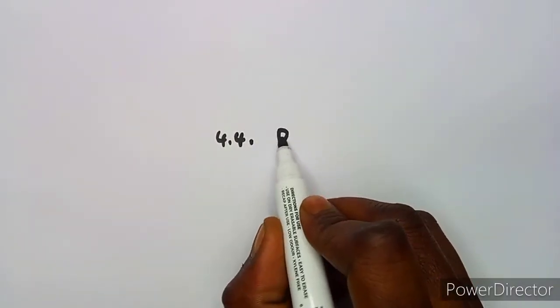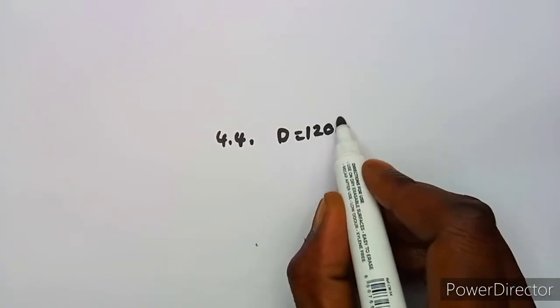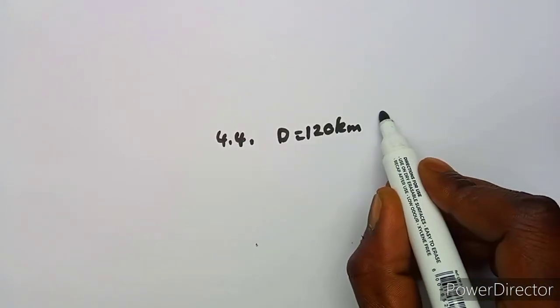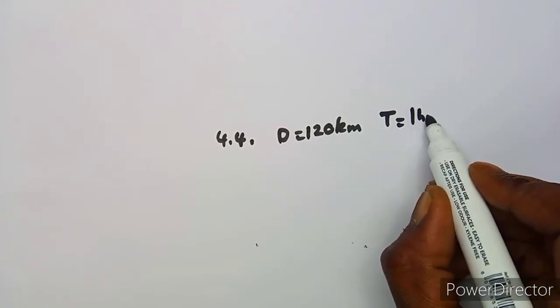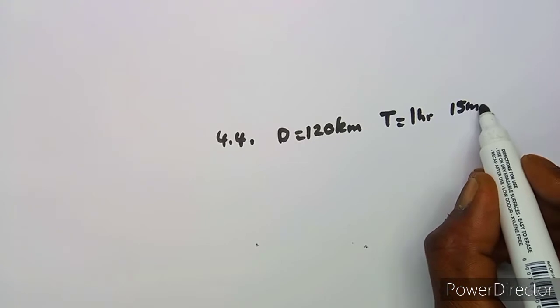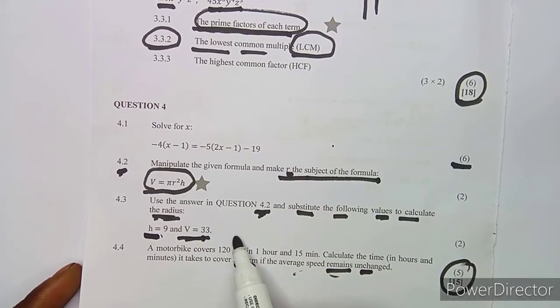We are given a distance of 120 kilometers, and the time given is 1 hour 15 minutes, and we know that our time is supposed to be written in hours if the distance is in kilometers.